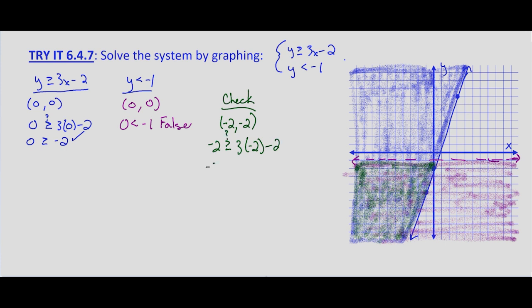That gives us negative 2 greater than or equal to negative 6 minus 2 is negative 8. So that checks. And then in our second inequality, again, y is negative 2, and we want to know is that less than negative 1? And it is.